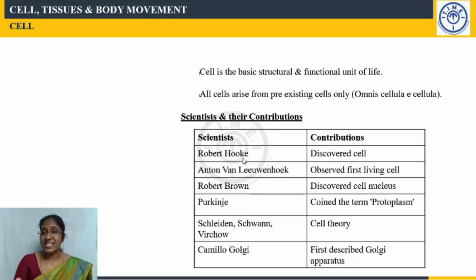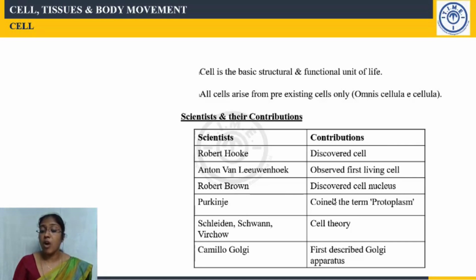Later, Anton van Leeuwenhoek first observed the living cell in pond water. Then, who is Robert Brown? We have to note down the difference between Robert Hooke and Robert Brown.